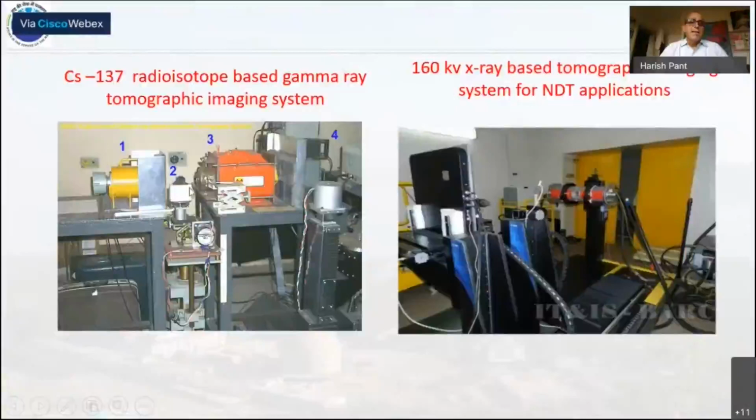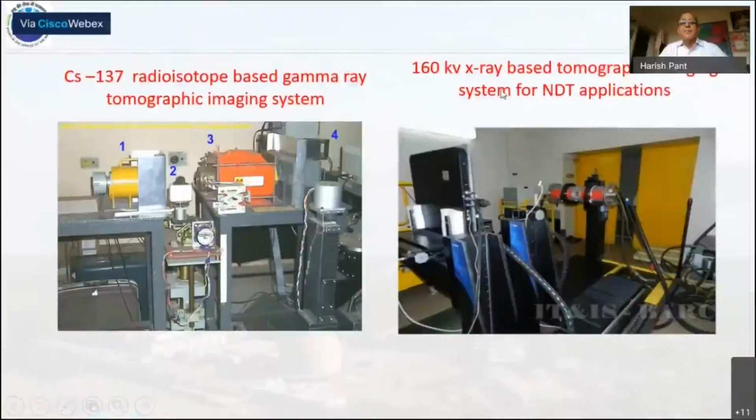This is a manipulator which is used to mount the different objects, and then here you have a scintillation detector. The manipulator rotates the object, and at these different angular positions the projections are obtained and then the image is reconstructed. So this is a radioisotope source based tomographic imaging system.